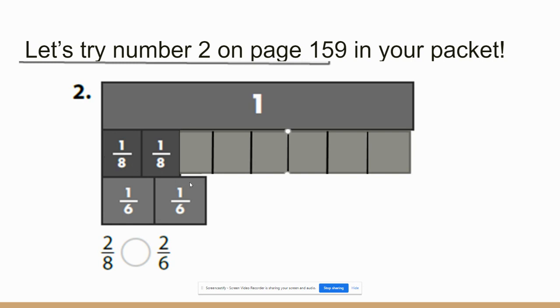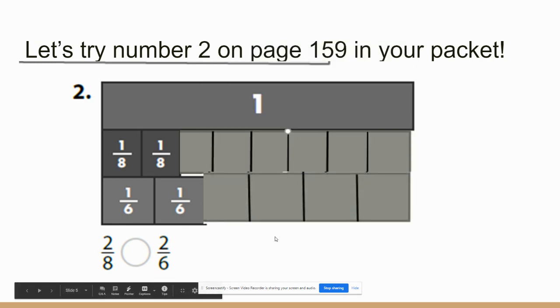Okay? If we look at 2/6, we know that 2/6 is 2 out of 6 equal parts. If you look at the part for 2/8 and the part for 2/6, you can see that 2/8 is less than 2/6 as part of the wholes. Okay? So 2/8 is less than 2/6.